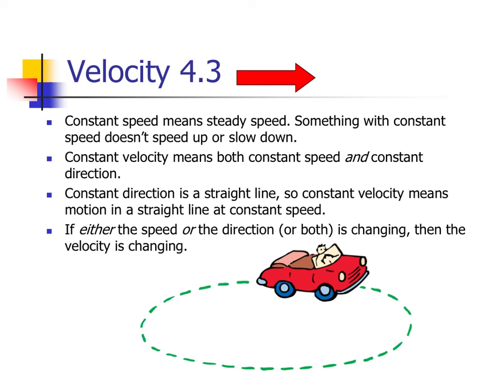A constant direction can be a straight line, but if the speed or the direction changes, then the velocity is changing.